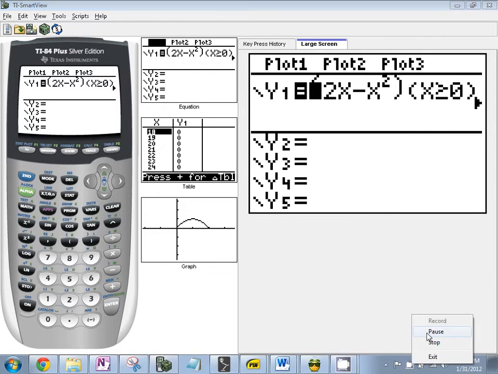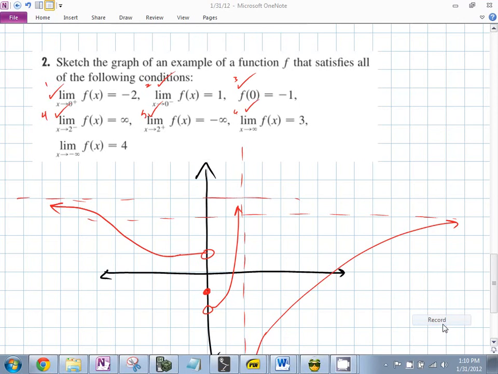Now here's the thing, you can make this look a lot of different ways and still have those things hold true. Basically, can I warp that? Absolutely. Can you cross a horizontal asymptote? Yeah, you can cross any asymptote you want except for vertical. So for example, I could make it look like this if I wanted to.